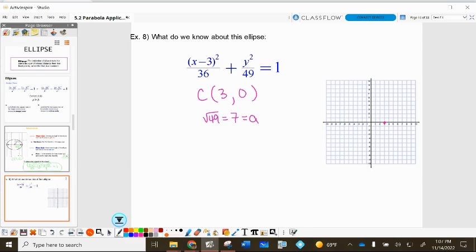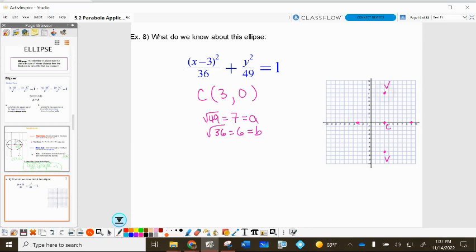That means I'm going to go up 7 units or down 7 units in the y direction to get the vertices. So those are vertices. That's my center. So the square root of 36 is 6, and that'll be my b value. So in the x direction, I'm going to go out 6 units to the right and back 6 units. And those are just the endpoints of the minor axis.